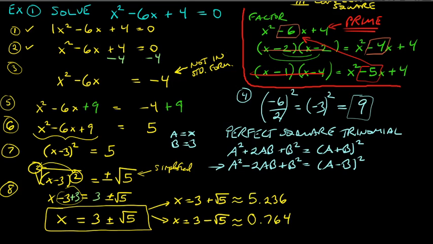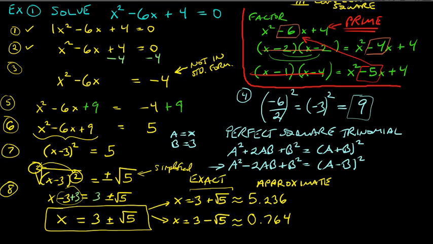So you should get, for the positive, 3 plus the square root of 5 is about 5.236, so I'll round to 3 decimal places. And then 3 minus the square root of 5 is about 0.764, I think. So remember, these are the approximations, and these over here are the exact solutions.